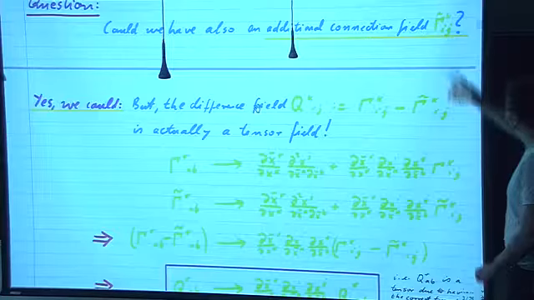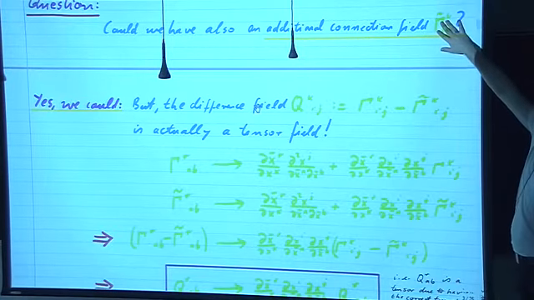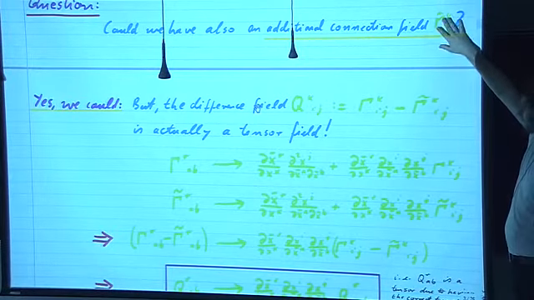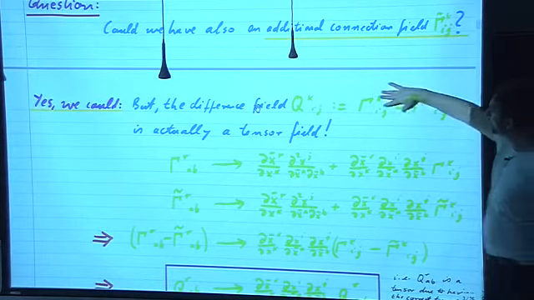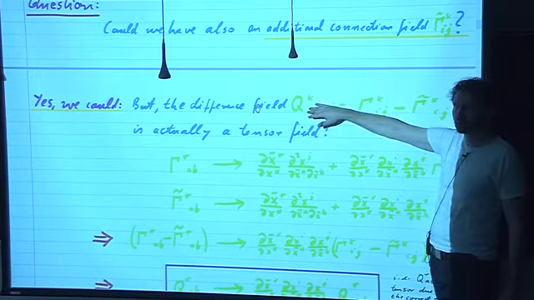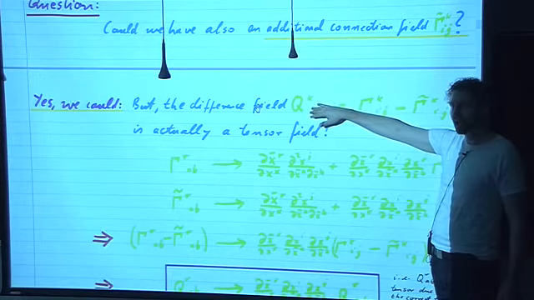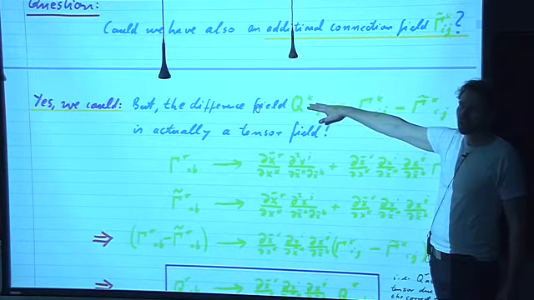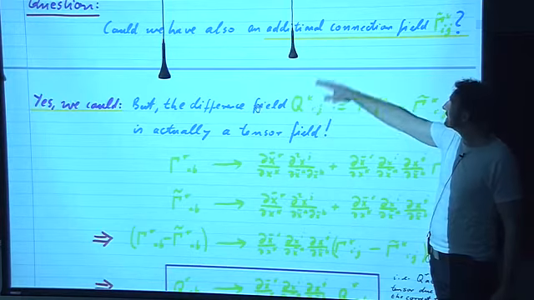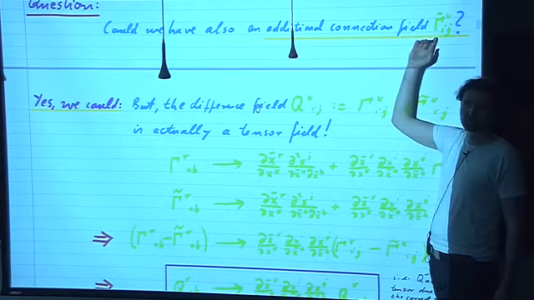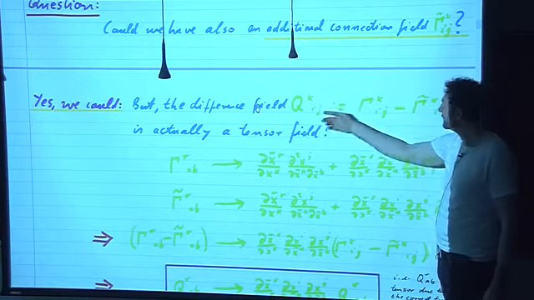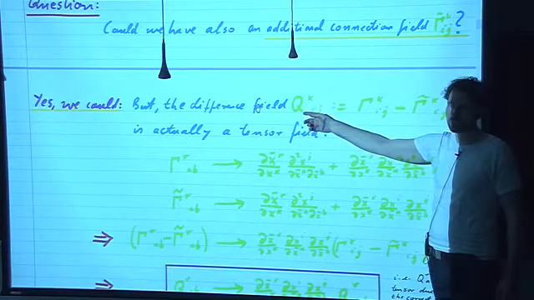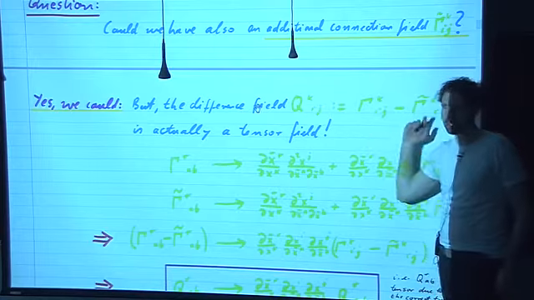You see, if gamma is a connection field, and gamma tilde is a connection field, then the difference between the two is actually a tensor field, which is to say that it is completely equivalent to say either that there are two gravities, a gamma and a gamma tilde, or there is one gravity and an additional tensor field that describes the difference between the one gamma and the other.